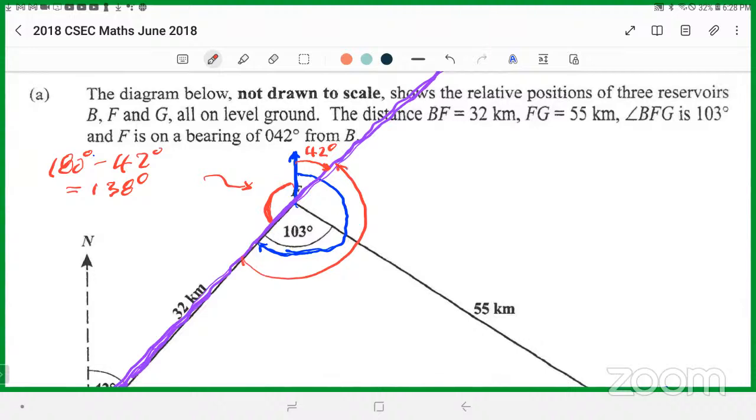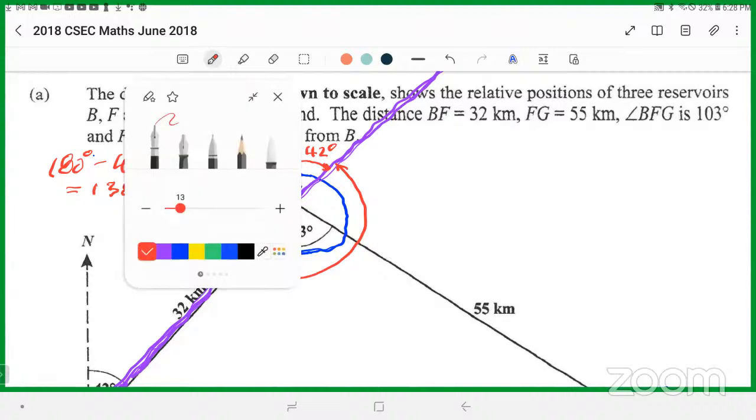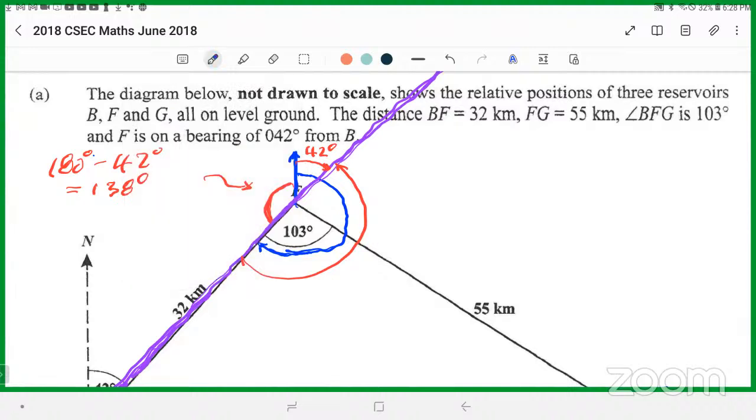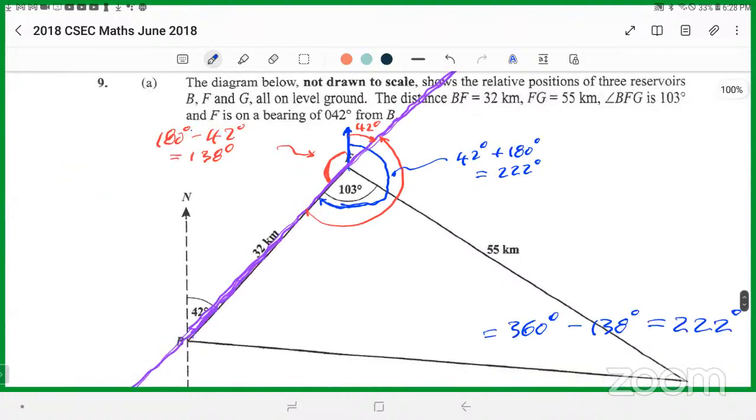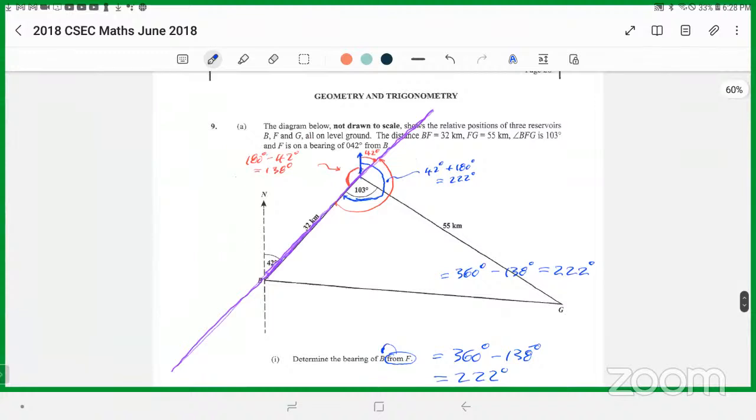So to get the blue bearing angle inside here, we could do the 42 degrees plus the 180 degrees. And that will still come out to 222 degrees. That's another neat way we could have done it. So you still get the same 222.